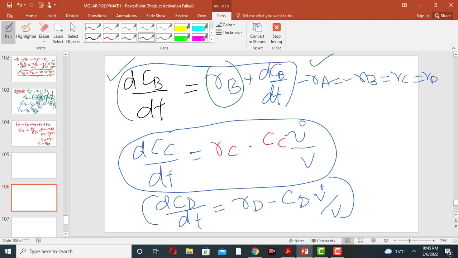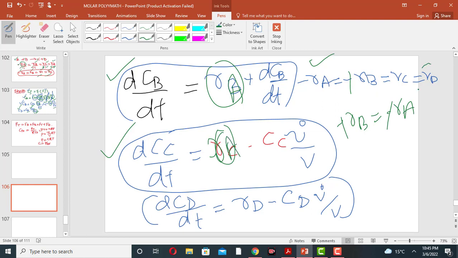In place of RB, we can write RA, because minus RB is equal to minus RA. So this will cancel with this. In place of RB, we can write RA. Similarly, this is the mole balance for component C. In place of RC, we can write minus RA.